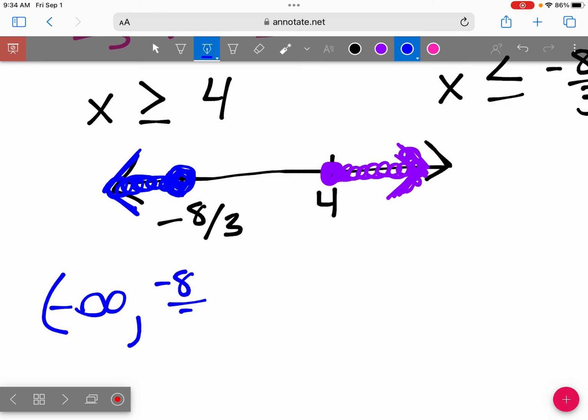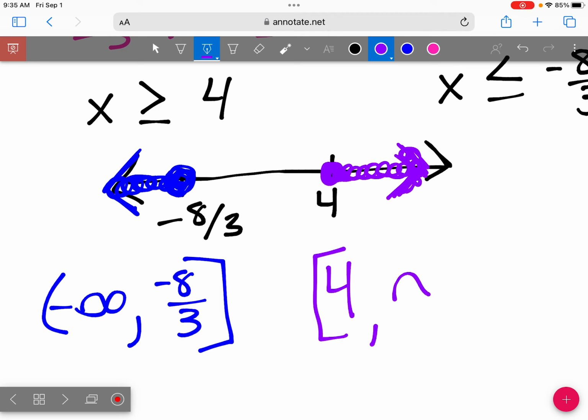Negative 8/3. And that one gets a bracket. Then we do the other segment. So we have our smallest on the other piece, 4, and it can equal that, so we use a bracket. And the biggest, positive infinity. It's an idea, so I cannot touch it, so we use a parenthesis.